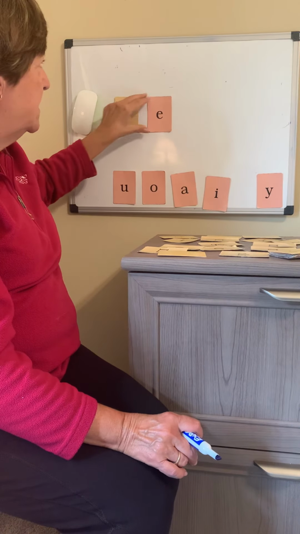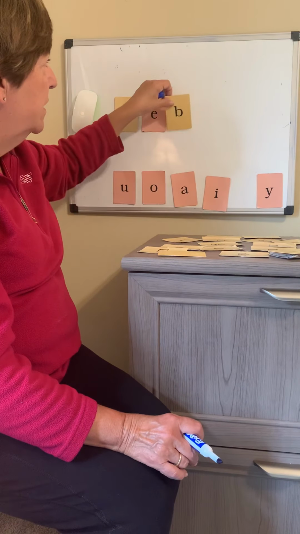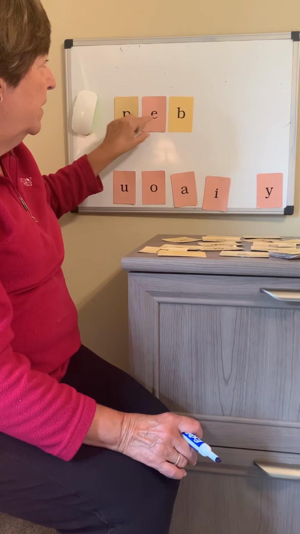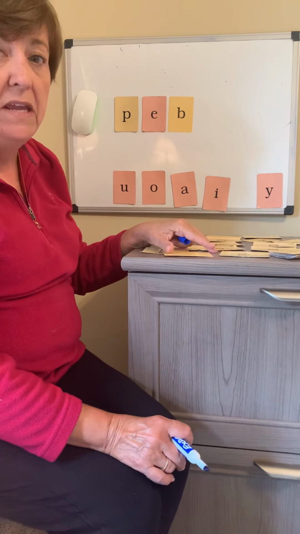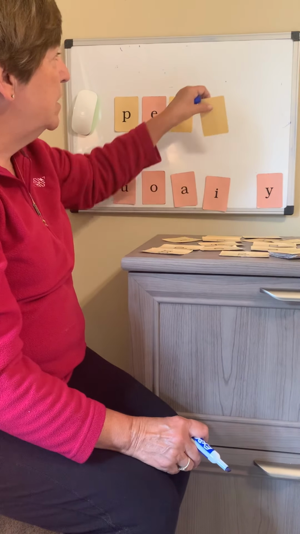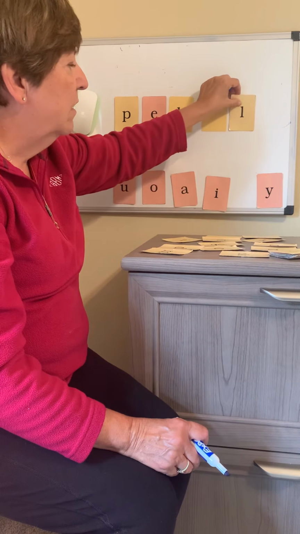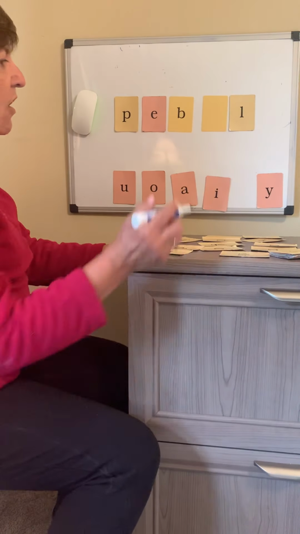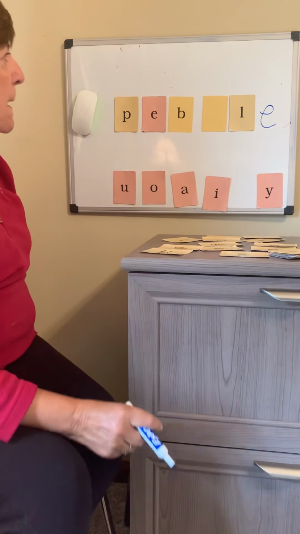Oh, I can already tell I'm going to need another E. P-E-B. P-E-B. Now I need another B, bowl, for my second B. So I'm going to use a blank, B-O. And I don't have another E card or a blank right here, so I'm just going to write it in with my marker.